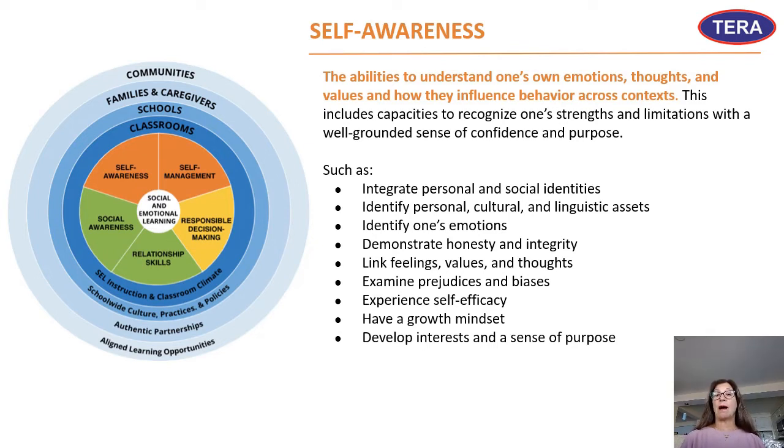Some examples of how this part of the 5 integrated areas manifest themselves in practice are integrating our personal and social identities. How do we do that? How do we know that what we have as qualities and what we have as limitations identify us as people in our social as well as our professional context? Then we have to identify our personal, cultural, and linguistic assets.